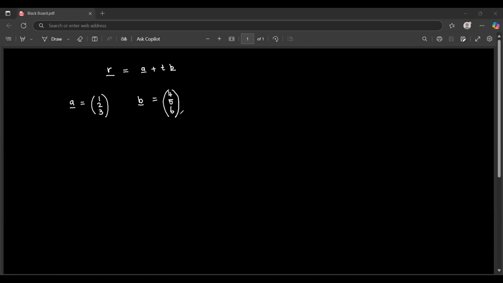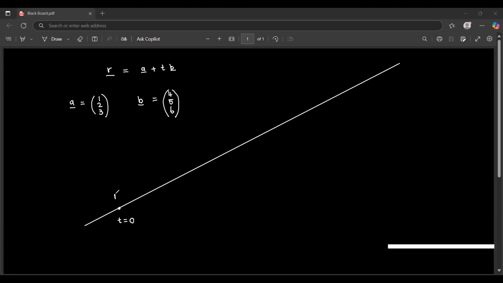If I draw the motion of the line, it is going to look like this because it's the equation for a straight line. When t is equal to 0, A is going to be at (1, 2, 3). Let's say this is point P0, which is (1, 2, 3).